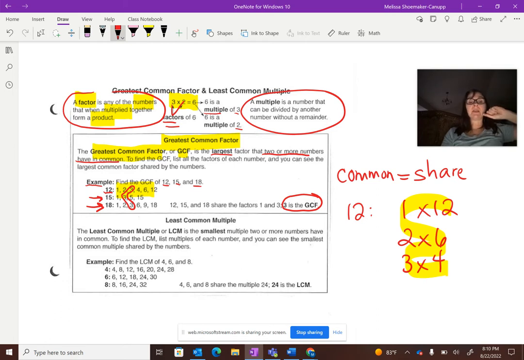Okay, now here's a little review of what we've been working on, least common multiple. You have to keep these straight. That's why I explained multiples are many. When I'm skip counting by 4 in this example, I could keep going forever and never run out of numbers. I don't want to, but I can.